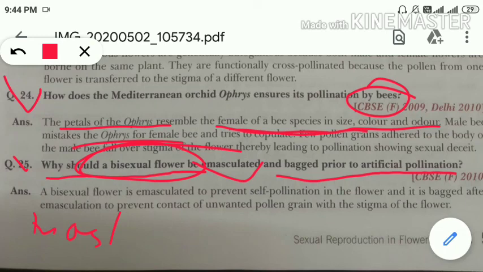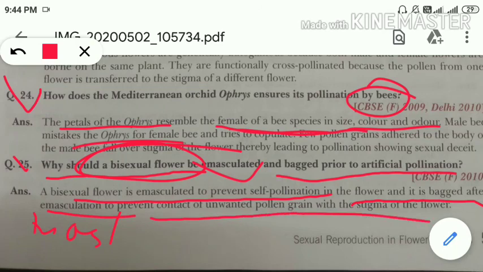After that, we bag it to avoid contamination by air or any other type of undesired pollen. So a bisexual flower is emasculated to prevent self pollination, and the flower is bagged after emasculation to prevent contact of unwanted pollen grains with the stigma of the flower. That means we dust only our desired pollen.